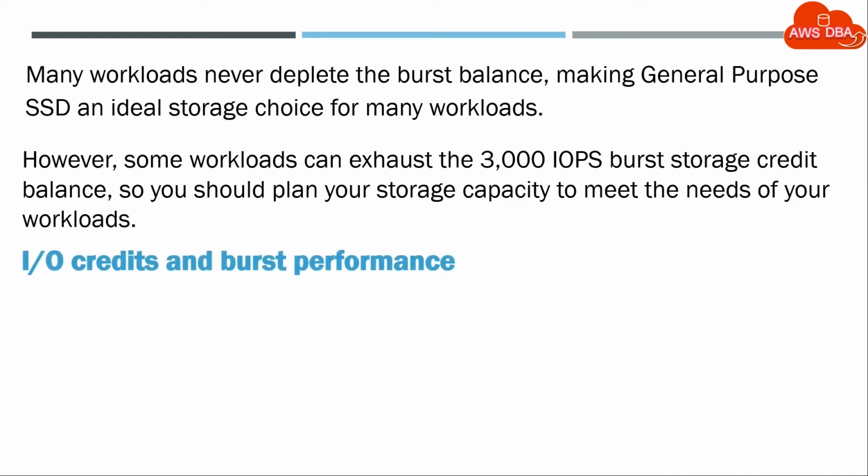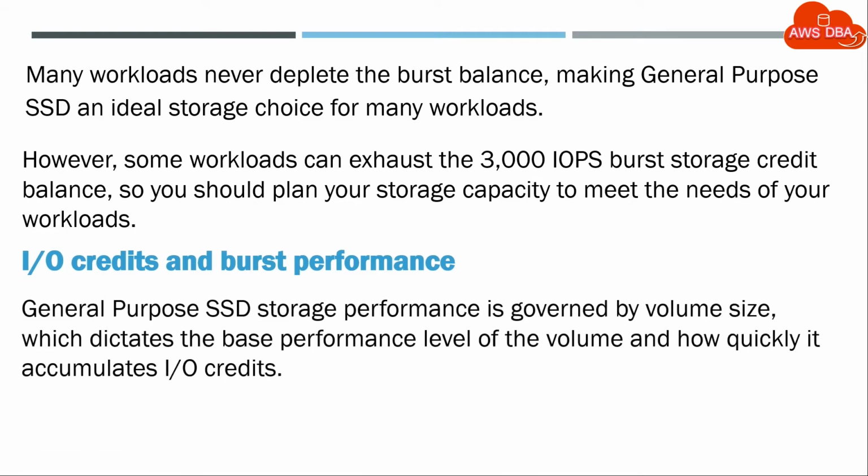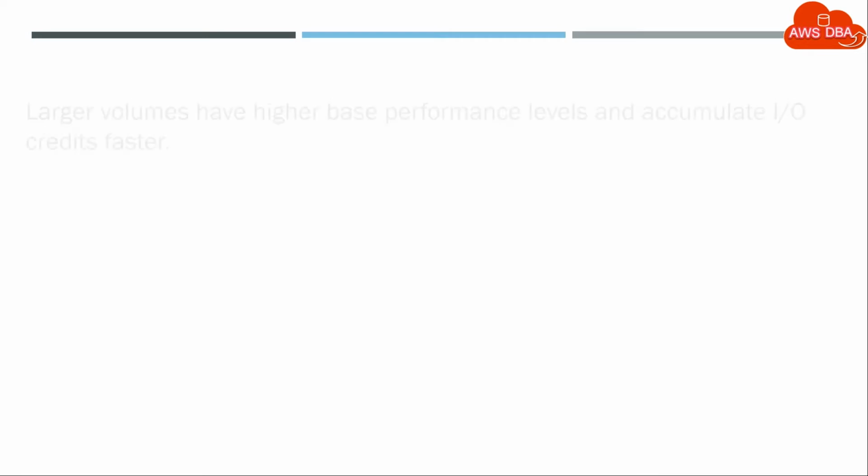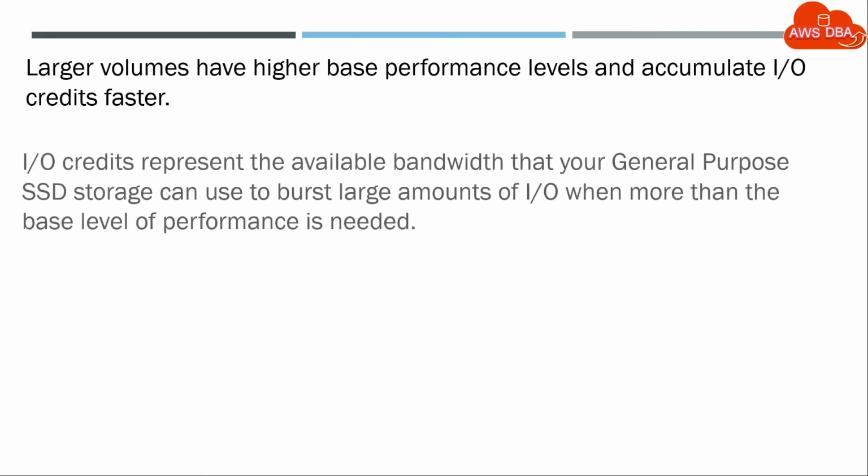I/O credits and burst performance. General Purpose SSD storage performance is governed by volume size, which dictates the base performance level of the volume and how quickly it accumulates I/O credits. Larger volumes have higher base performance levels and accumulate I/O credits faster.